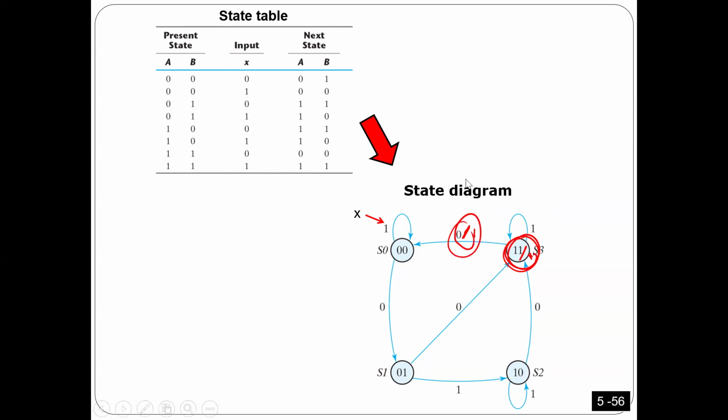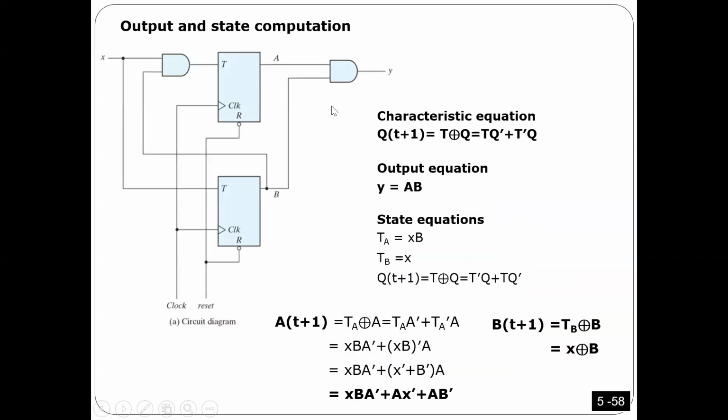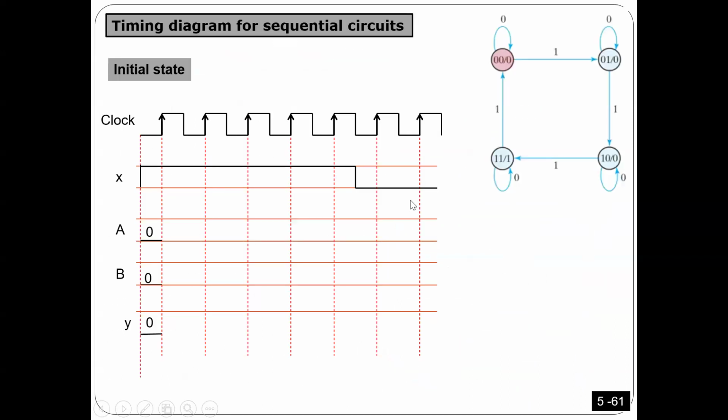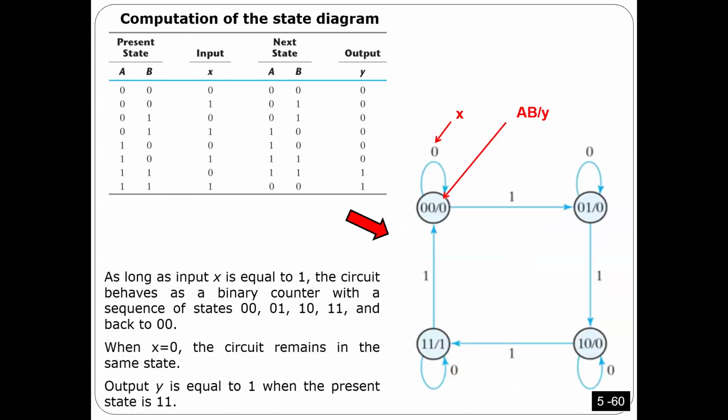This is just to differentiate between Mealy and Moore. For example, this one is Moore because the output here only depends on A and B. So that's why, as you see here, we put the output here. If the output only depends on a state, we put it here. So usually we do that.